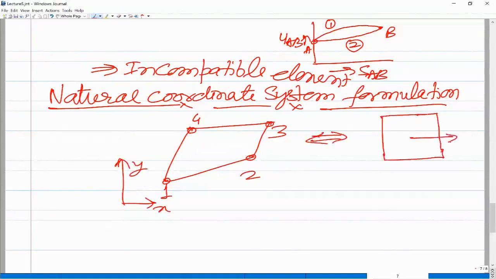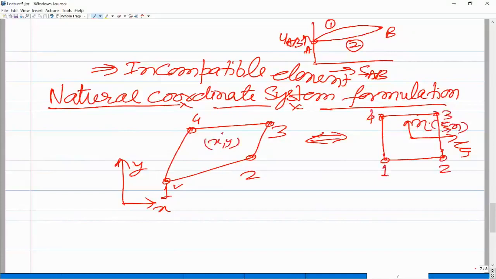The natural coordinates are, let us say, xi and eta. Node 1 in the physical coordinate space is mapped to node 1 in the natural coordinate space, node 2 to node 2, similarly node 3 and node 4. And any point xy here would correspond to some point xi and eta here.